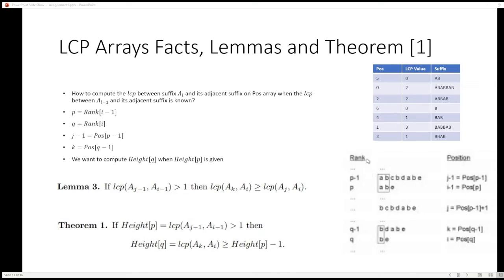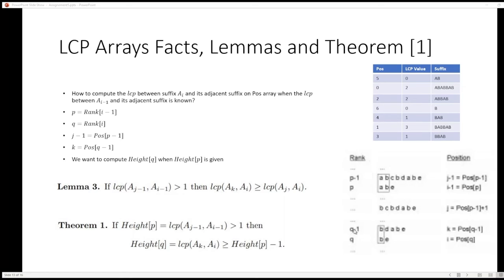So we will take a look at the following figure. The suffixes are arranged by rank. Here we have the two adjacent suffixes at rank P minus 1 and P. Their positions are J minus 1 and I minus 1.